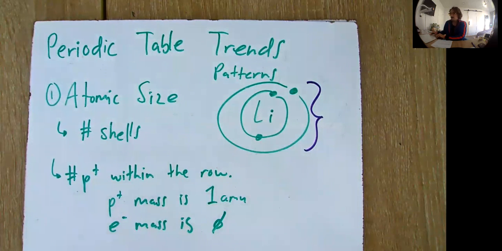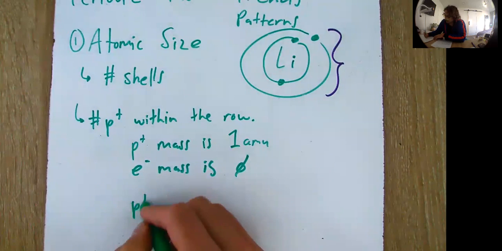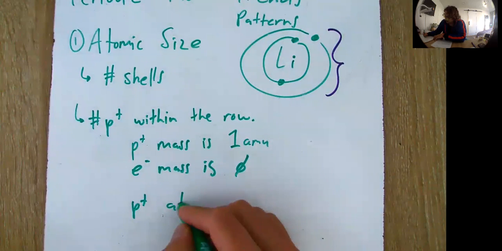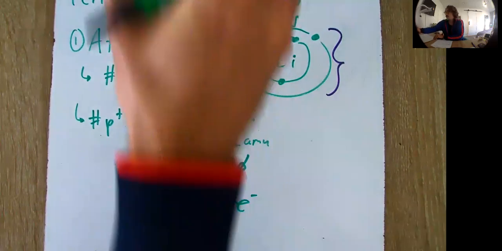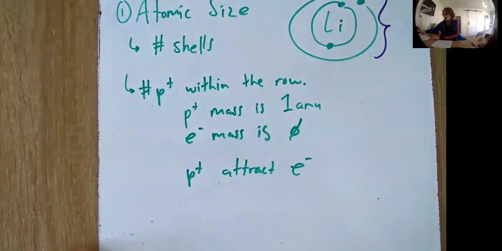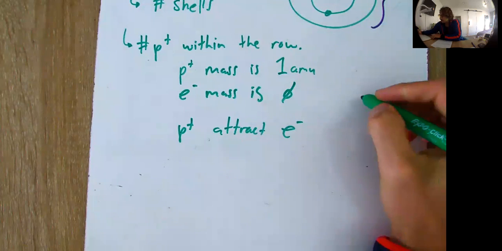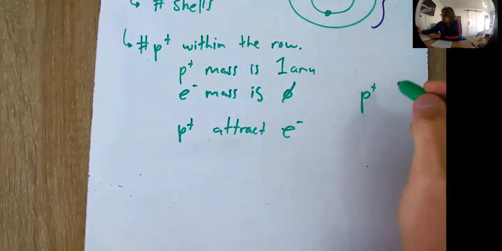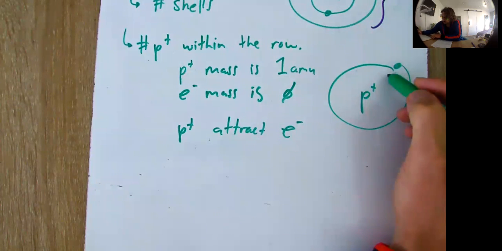Why does this matter? Because we know that positive charges attract negative charges. If we imagine an element with the protons in the middle and the electrons on the outside, they're attracting each other.